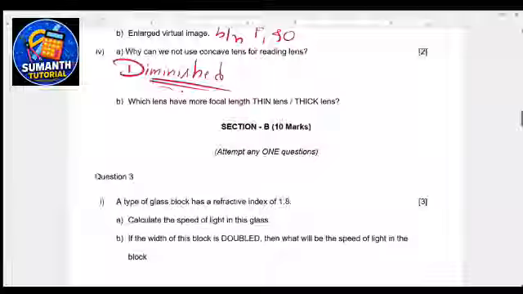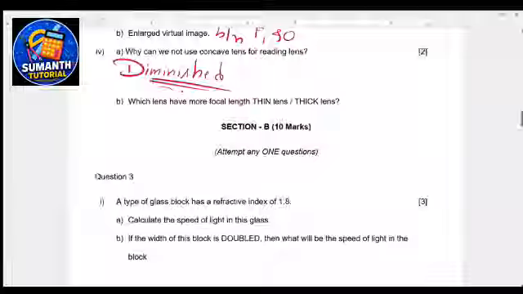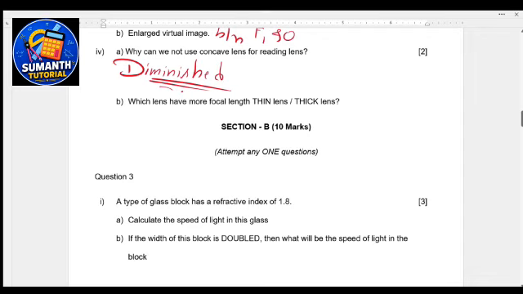So for a reading purpose we need the image to be magnified, not diminished. Means it's very clear, in a concave lens there is no chance of getting a magnified virtual image. That is the reason we cannot use concave lens as a reading lens.